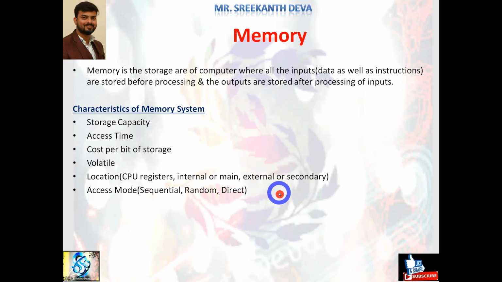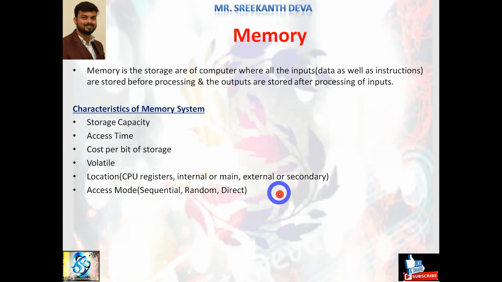What exactly I told is that memory is one of the main components of the computer system, used to store the data and instructions for processing. It is a storage area within the computer where all the inputs are stored before processing and the outputs are stored after processing.